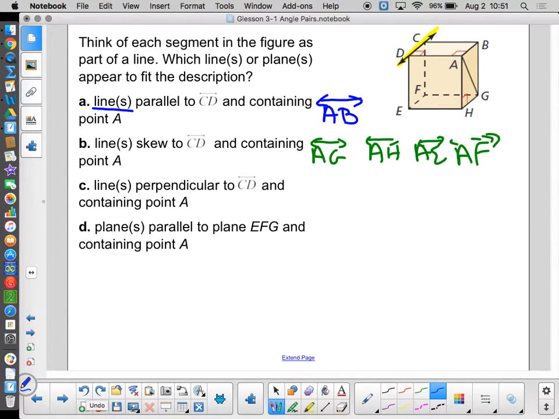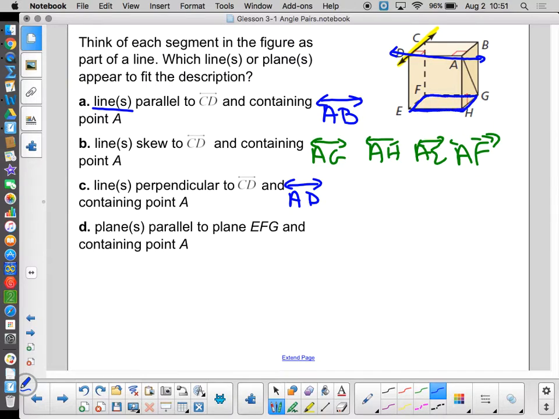Lines perpendicular to CD containing point A, that's pretty straightforward. That's AD. And that would appear to be the only one. That's the only one that contains point A that would be perpendicular. Any other line containing point A would not be a right angle, so that's the only one. And planes parallel to plane EFG containing point A. So where's plane EFG is this one down here.